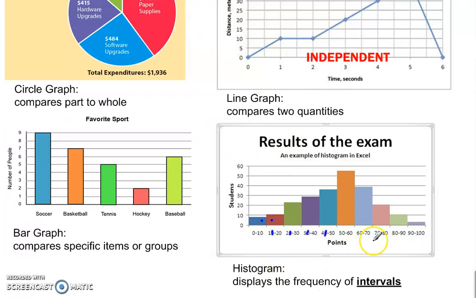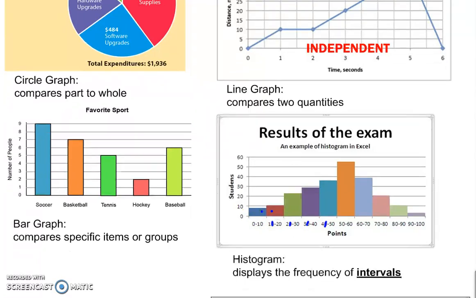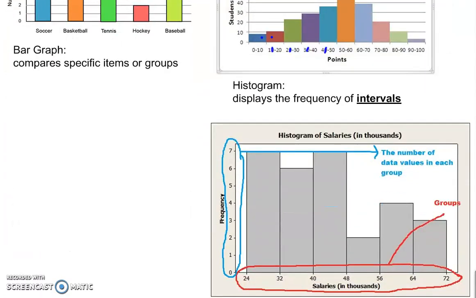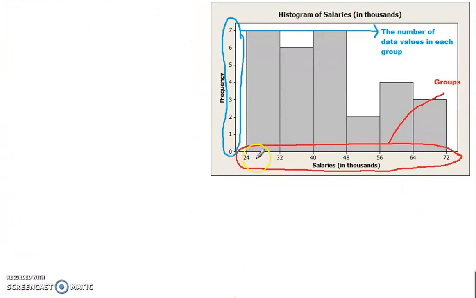But you won't always have the intervals indicated as they are down there. Sometimes you could see a histogram like this. Notice this is still an interval. It goes from 24 to 32. So it ends here. Anything below 32 is this way. Anything 32 and above is that way.